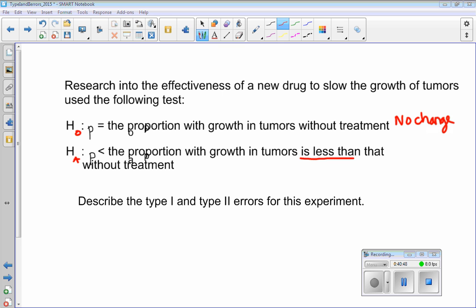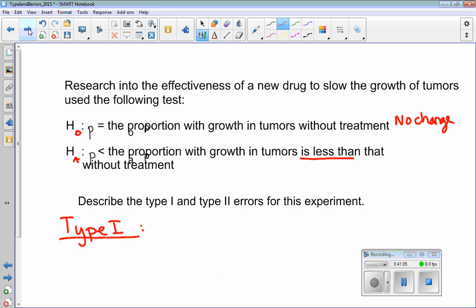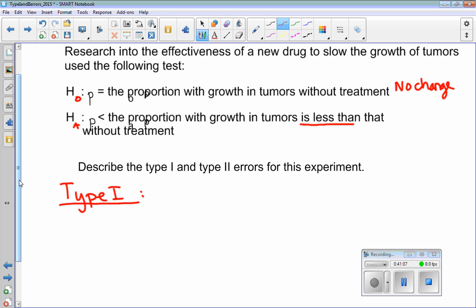Okay. Let's describe the type 1 and type 2 errors in context. So, type 1 error is when I reject the null when I shouldn't have, when it's true. So the type 1 error in this case is going to be that I reject it.